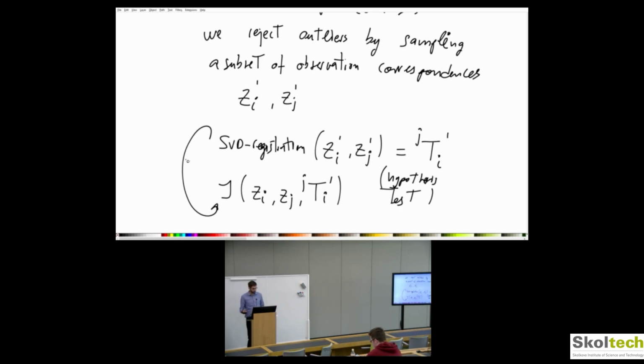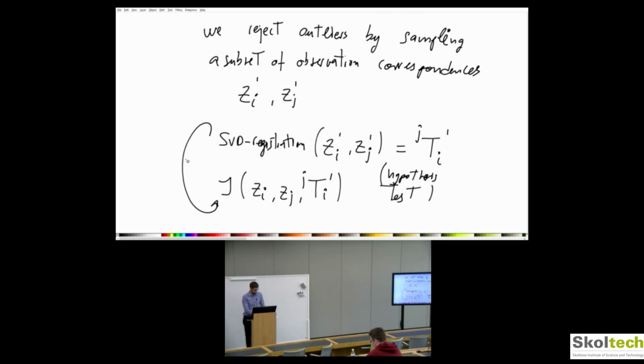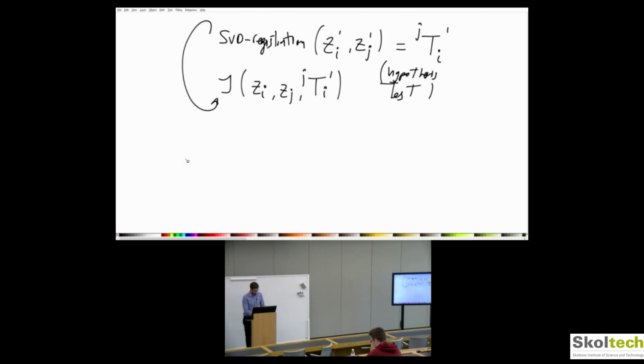It's called iterative closest point, or ICP. Who has heard about ICP before? We have some people. Okay, so it's also a very well-known method.